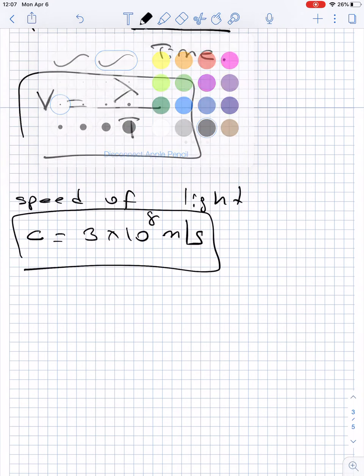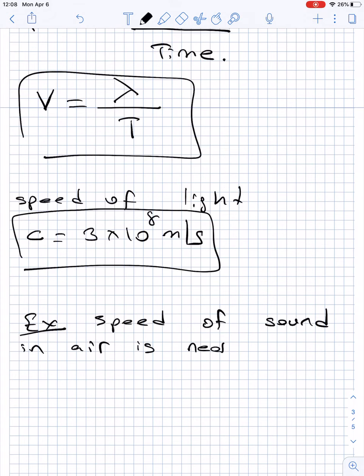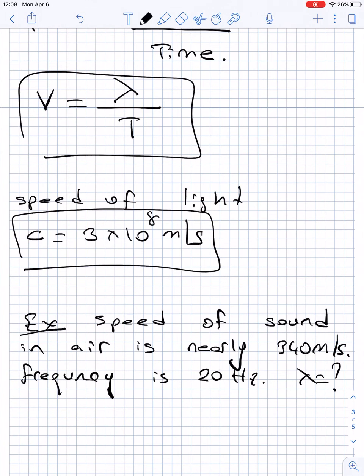Okay, exercise. The speed of sound in air is nearly 340 meters per second, and the frequency is 20 hertz.